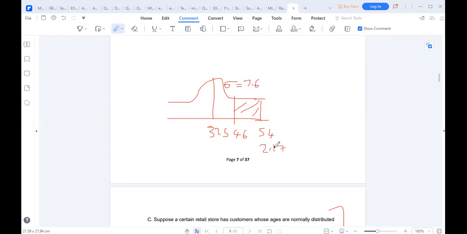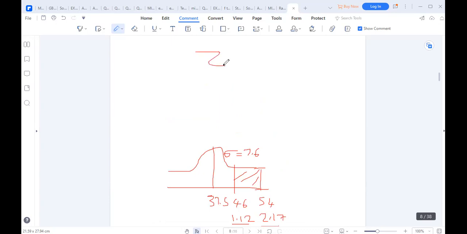For 46, it's 1.12. We round off to the nearest two decimal places for you to read properly.